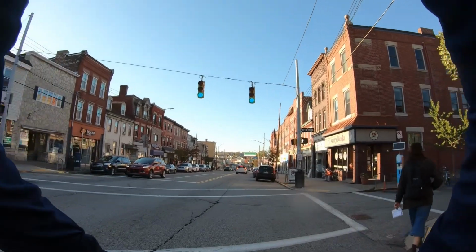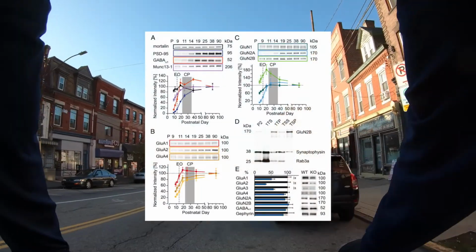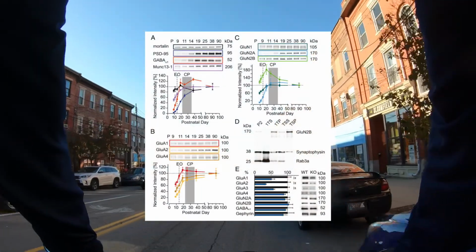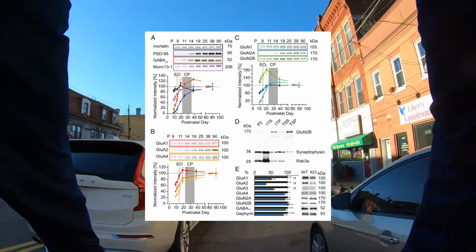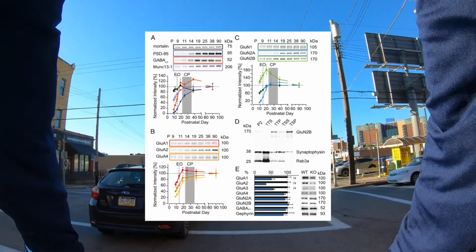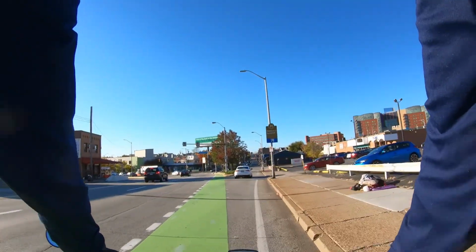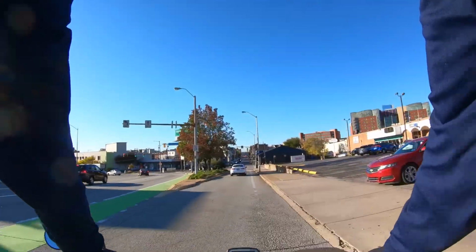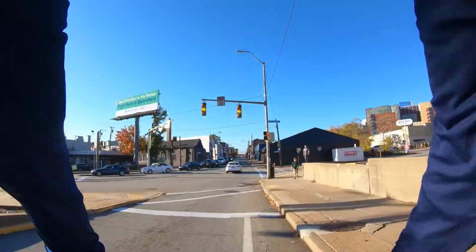So figure 3 is another kind of control figure. What they do with figure 3 is they look at various synaptic proteins to see if synaptic proteins in the wild type versus the knockout mouse are coming up at roughly the same time. And for the most part, they do see that, with the exception of AMPA receptors.